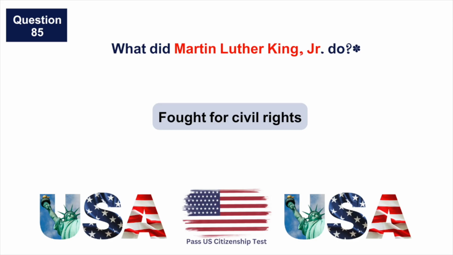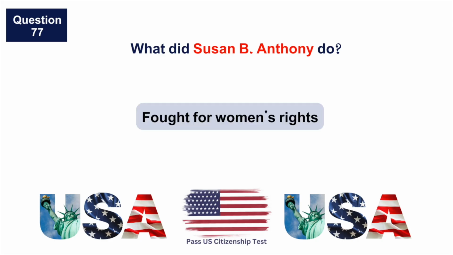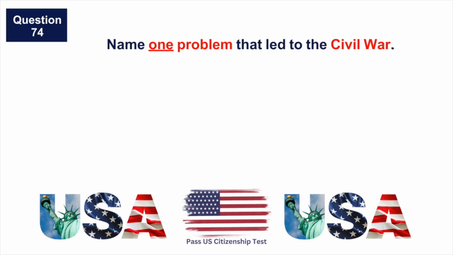Fought for civil rights. What did Susan B. Anthony do? Fought for women's rights. Name one problem that led to the Civil War. Slavery.